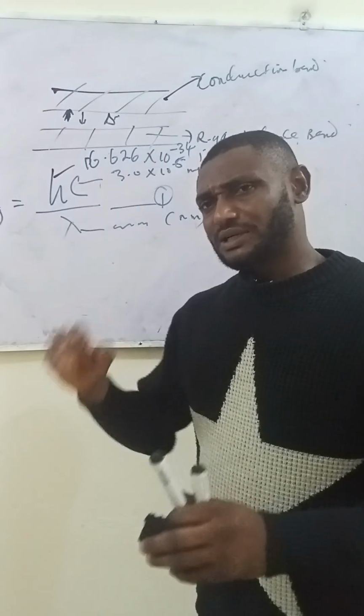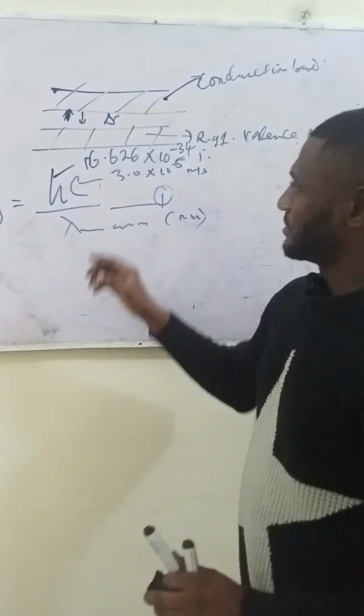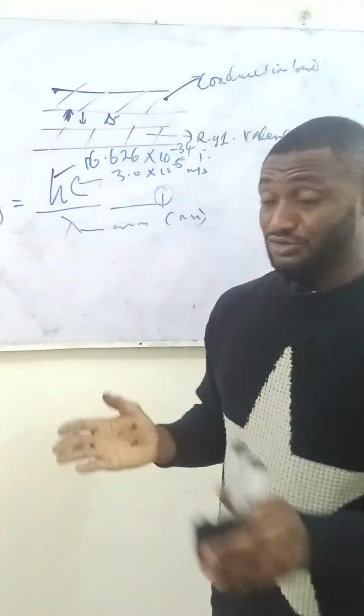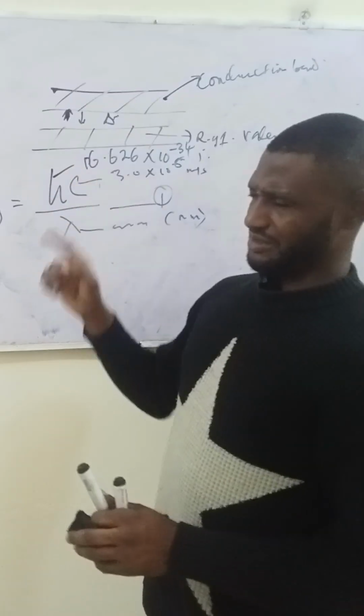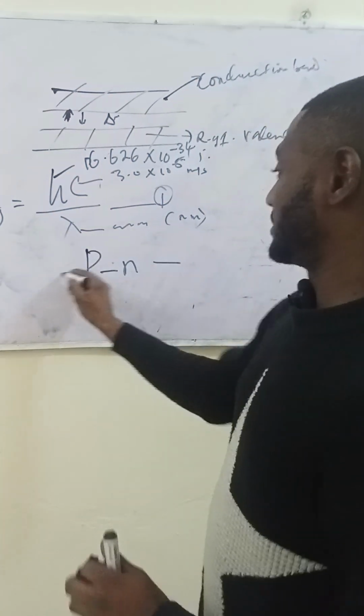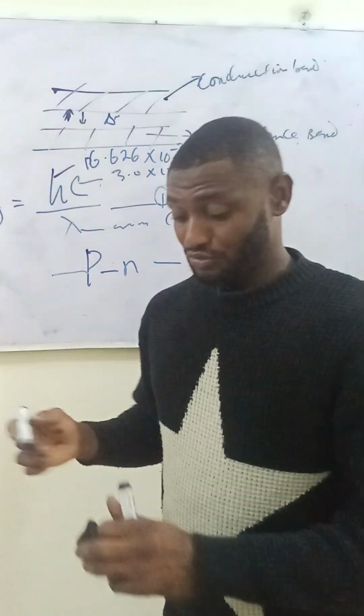What actually happens is that when you begin to dope the material, when you are growing your semiconductor crystal, it has to be a PN junction.